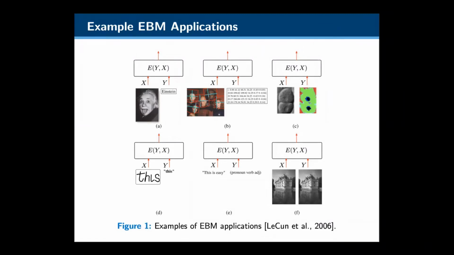All of these are examples where we take some inputs and return a scalar, a score that says how well does Y match our input X? Obviously, in these examples, the tricky part in many cases is inferring the Y that best matches X.